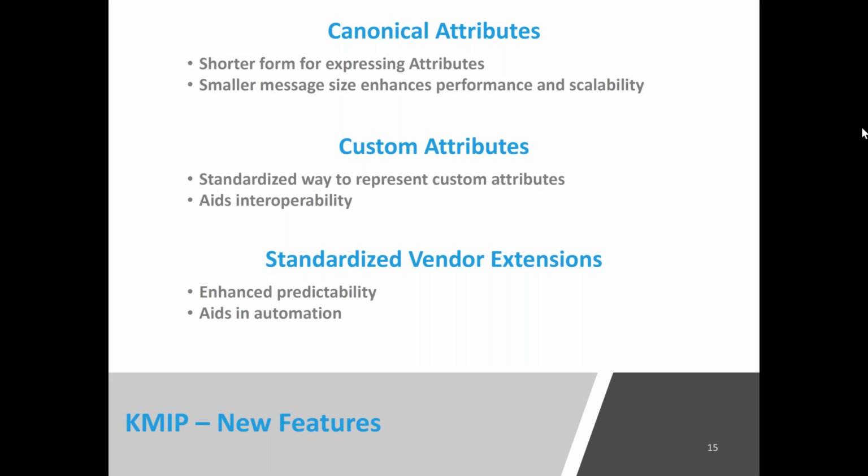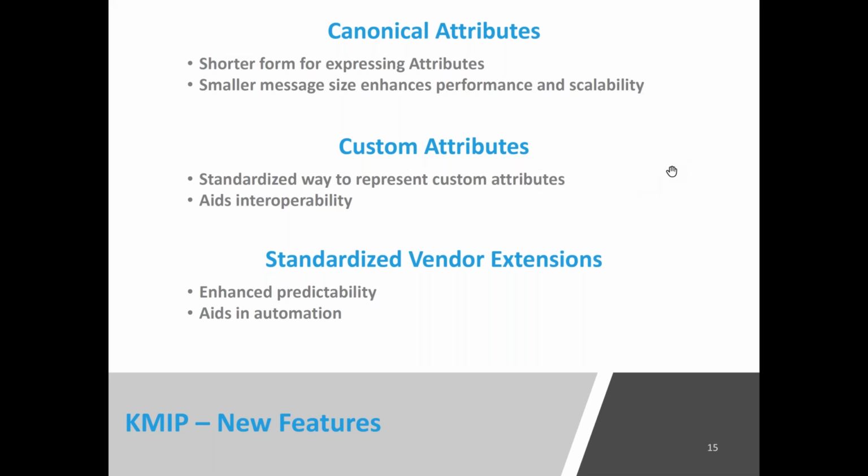So what we've done in 2.0 is moved everyone across and said, right, you're now going to use canonical form for expressing and dealing with attributes, and that shortens the message size considerably, which naturally enhances the way it works from a performance and scalability perspective.